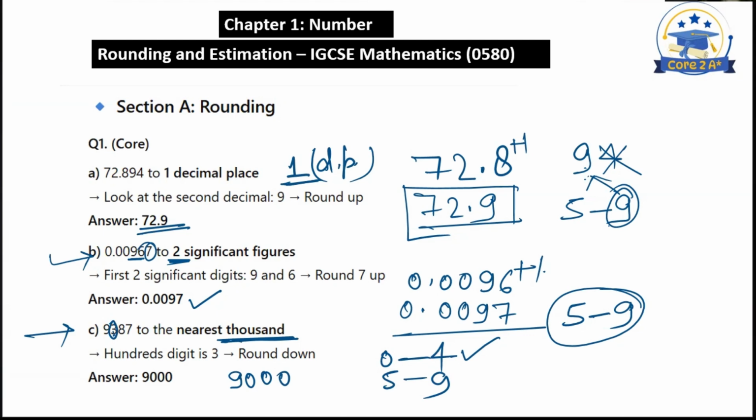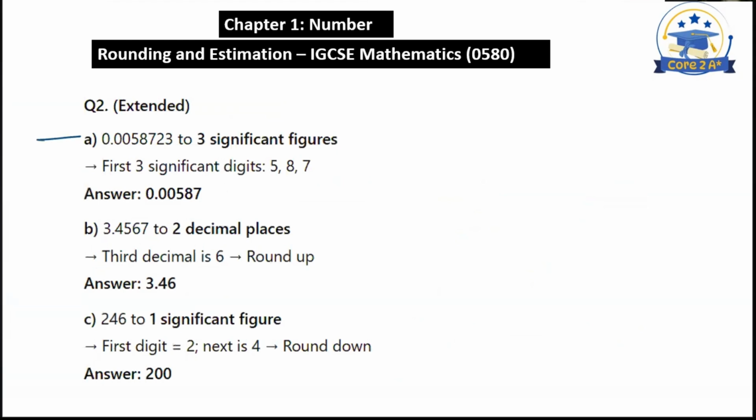Okay, next. This question is from extended. 0.005872 to three significant figures. How many non-zero numbers over here? 5, 8, 7, 2. So just copy: 0.00587.